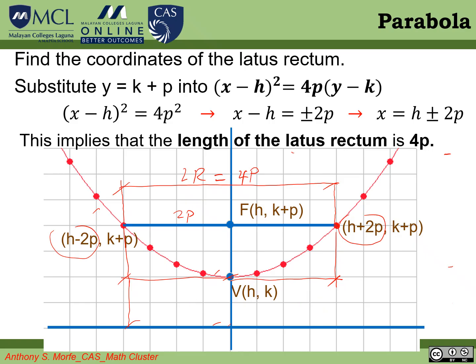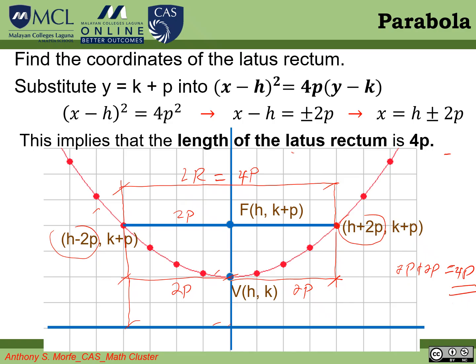This one is negative because it's on the left side, and this is positive, but when we talk about distance, we take only the positive value. Adding these two, the total distance, this distance plus this distance, is equal to 4p. So the length of the latus rectum is equal to 4p.